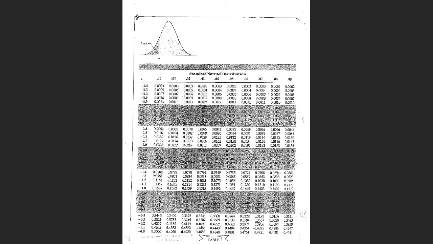It's in the row for negative 1.8, and it's under the 0.04 column. If you're looking at your table, look at the row that says negative 1.8, and right here you should see 0.0329, which means I know that that z-score is negative 1.84.